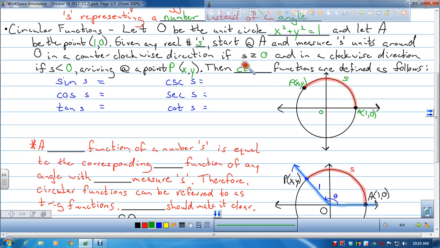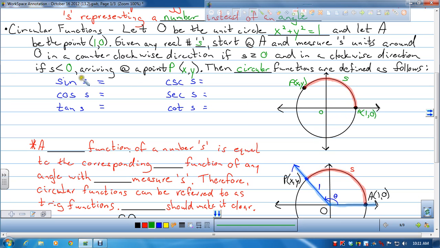These circular functions, as we will call them, are defined as follows. Sine of s, if you remember, is y over r. In this case, what is our r value? Our r value is 1, the radius of this circle.